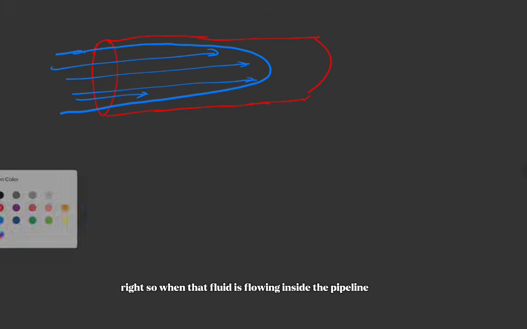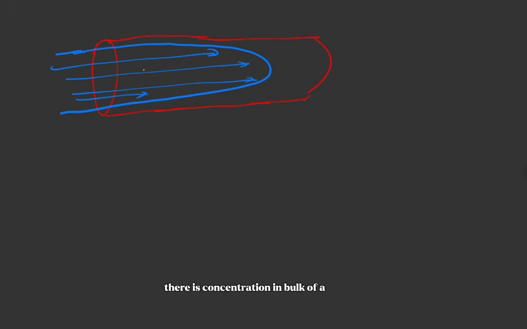Right. So when that fluid is flowing inside the pipeline, there is a concentration of A in the bulk flowing fluid. But there is also the concentration Ca, let me just say concentration of surface inner, the concentration of A on the inner surface. And on the outer surface, there is also the concentration of surface outer, the concentration of A on the outer surface of the pipe.